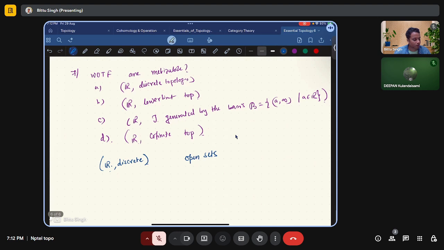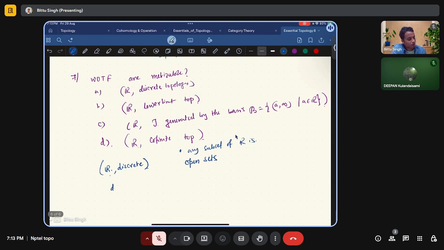Every set is an open set. Any subset of R is open. Now, can we find a metric which will generate this topology?